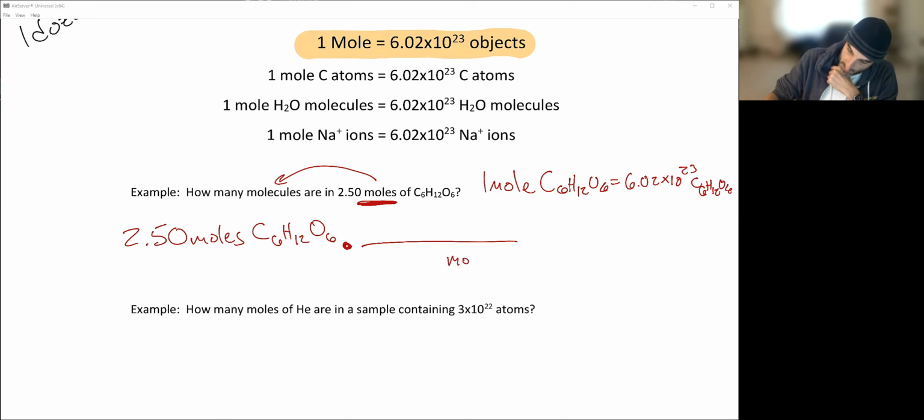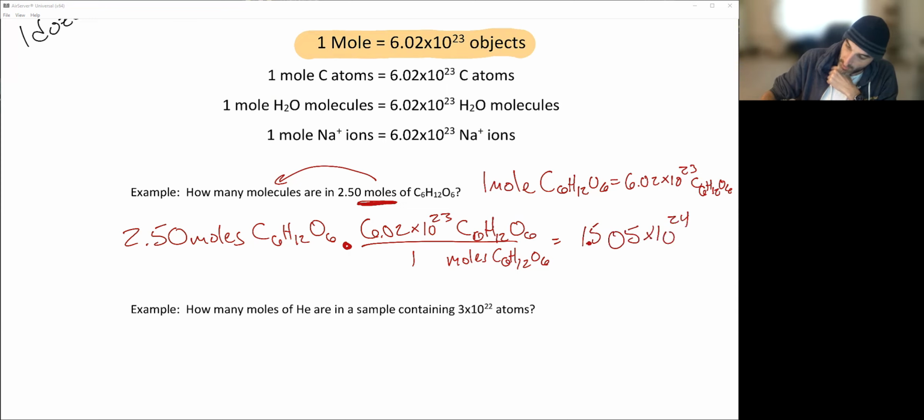I want moles of C6H12O6 on the bottom, and I want just simply the molecule on the top. So 1 mole is equivalent to 6.02 times 10 to the 23rd. And we do the math, and what you end up with is 1.505 times 10 to the 24 C6H12O6 molecules.